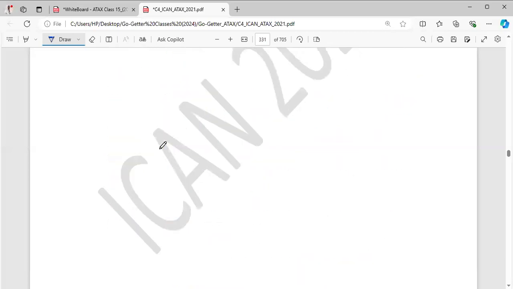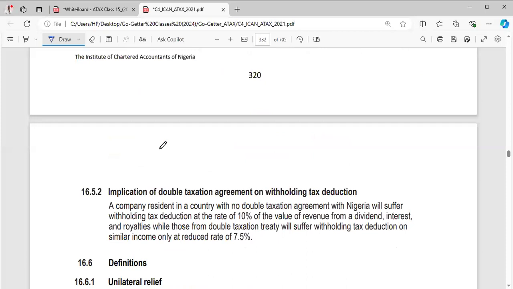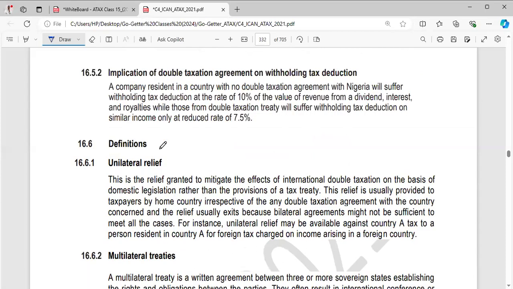Now, if there is no double taxation agreement between Nigeria and Ghana, and the company is a Nigerian company but it is in Ghana, the company will suffer withholding tax at the rate of 10% of the value of revenue from dividends, interest, royalty, and all other income. So that's what it means. It will still suffer the withholding tax.